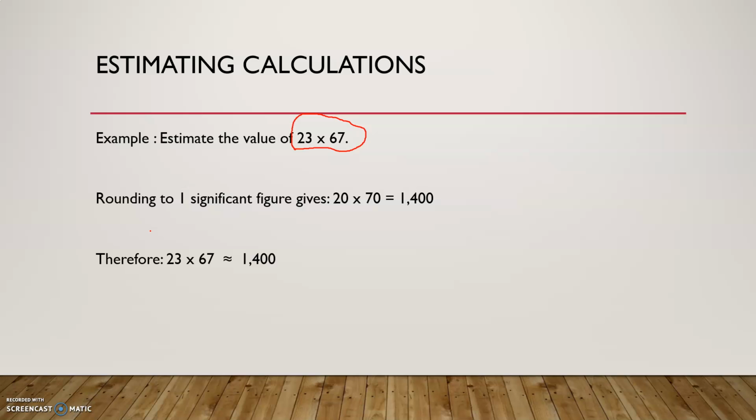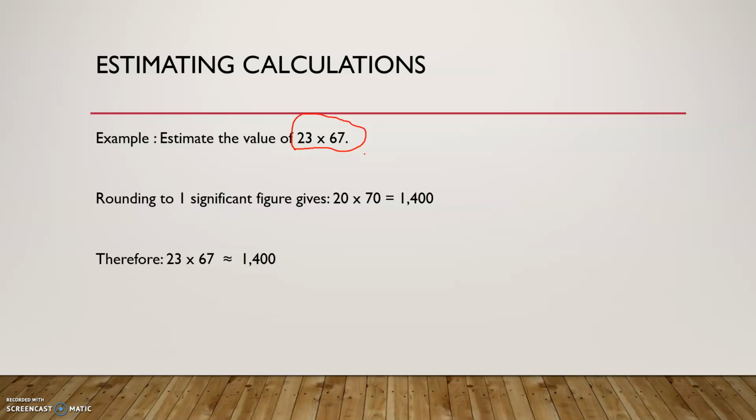So what we have to do is round to one significant figure. We discussed significant figures in the part 1 video, so if you want to refer back, you can go and look at my previous video.